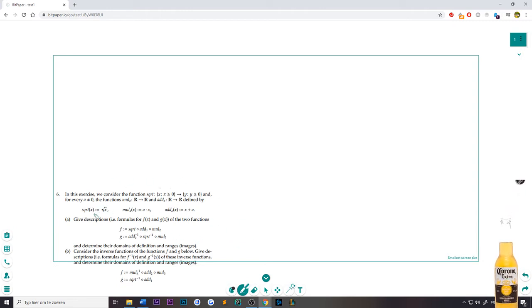We have these functions here, we're just given definitions, and we need to give descriptions for these functions. So you work from right to left. Why? Because we have these dots in the middle, and these dots mean after.